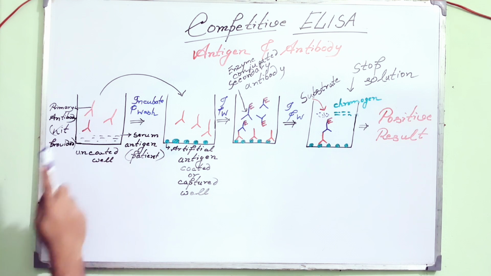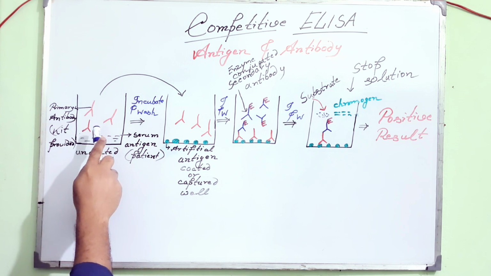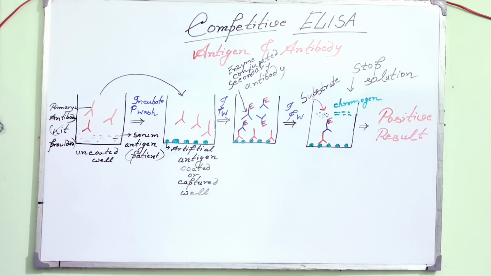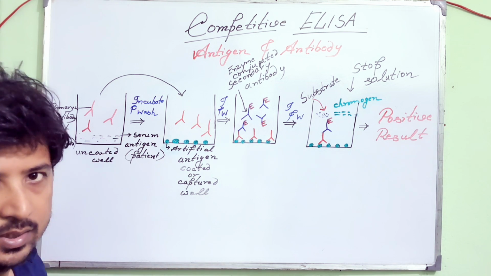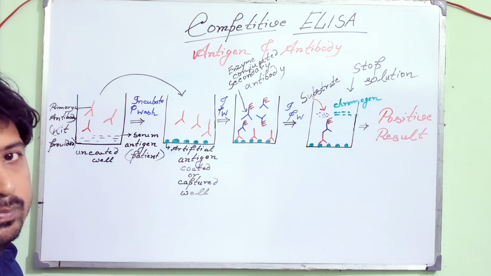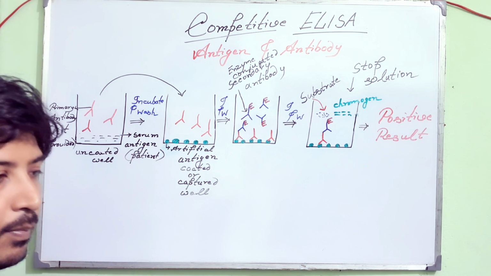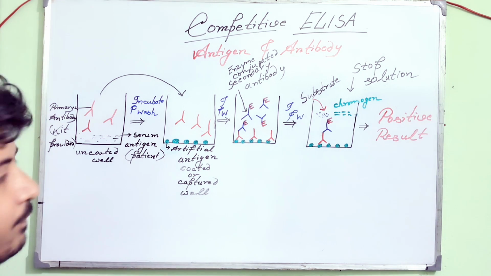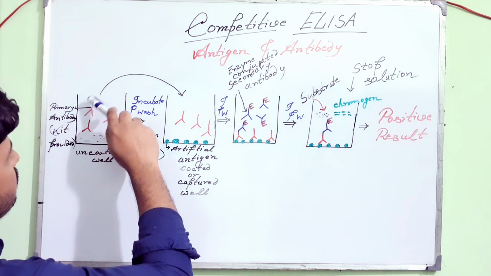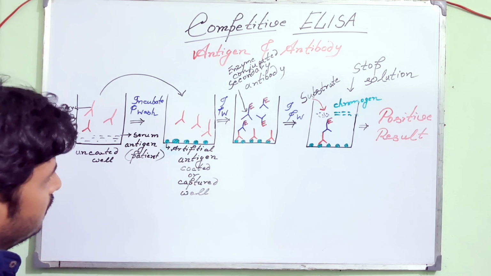I have given the primary antibody. So the primary antibody will not find any antigen to bind, so their binding sites will be empty. Nothing is bound to the antigen-binding fragment sites, or the paratopes. Now this solution will be given here.